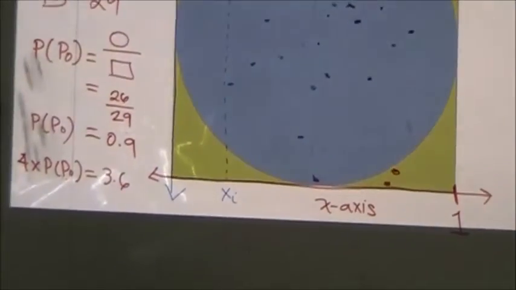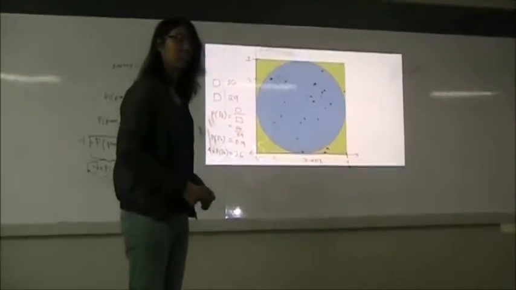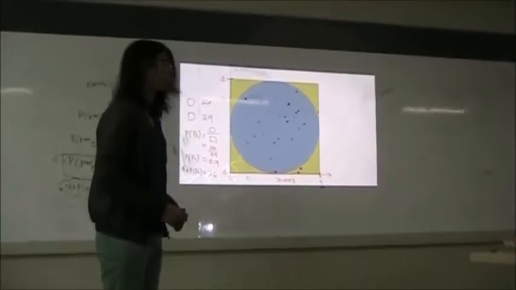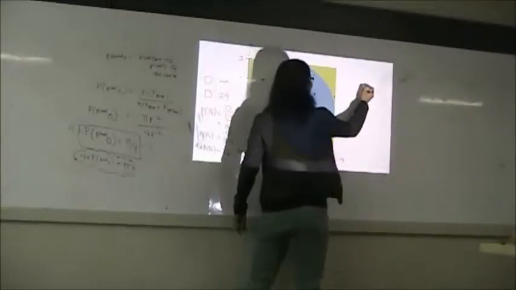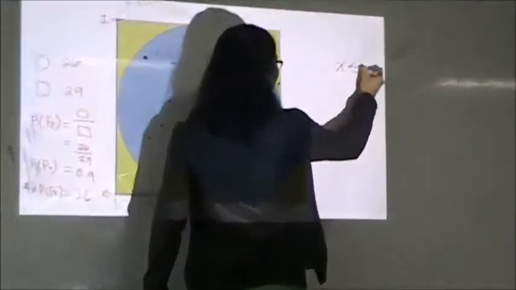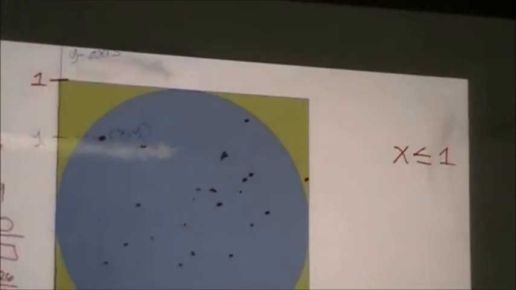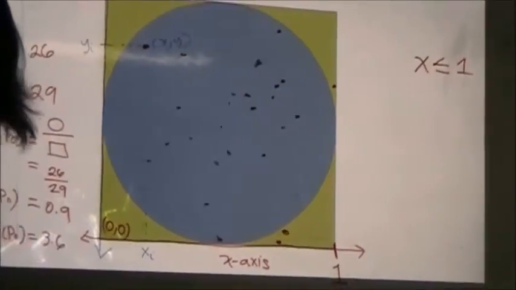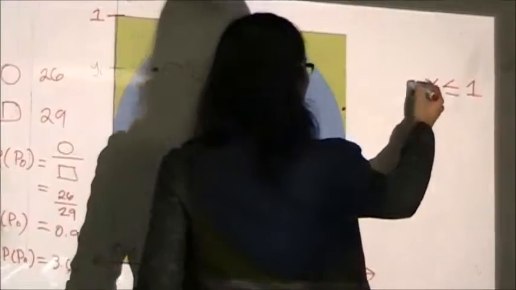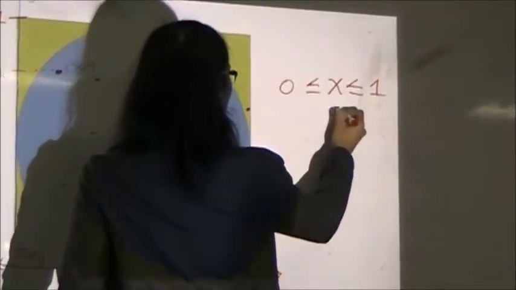So it means that the points that I generate should be less than or equal to 1, because it needs to also be there. And let's not forget the origin.